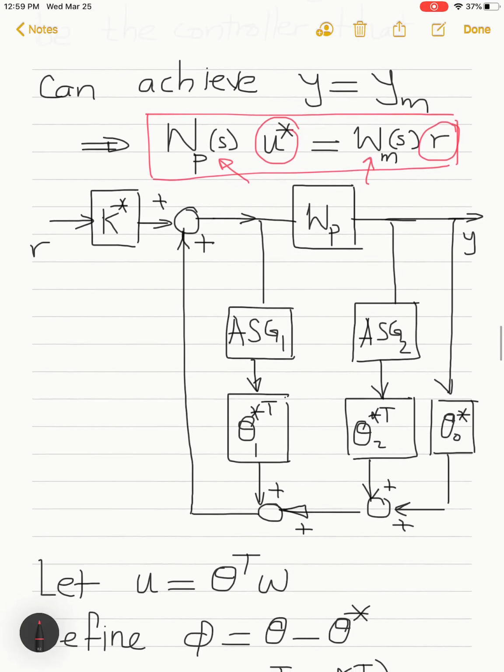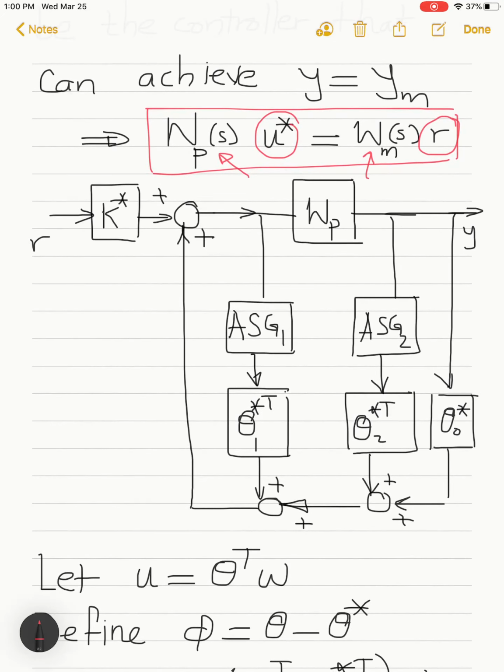I can put that in a block diagram. This is similar to the block diagram that we have shown before, except that I replaced k by k star, theta 1 by theta 1 star, theta 2 by theta 2 star, theta naught by theta naught star. In that case, I have here theta naught star times y.